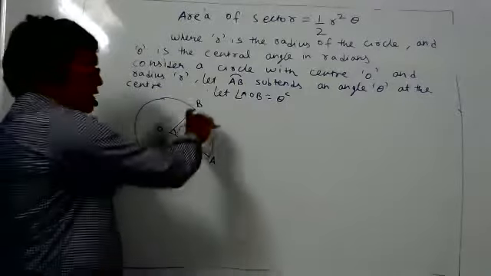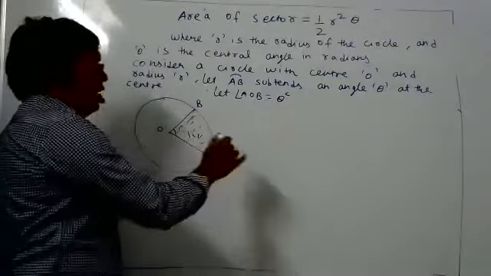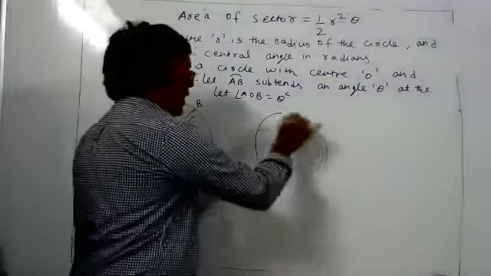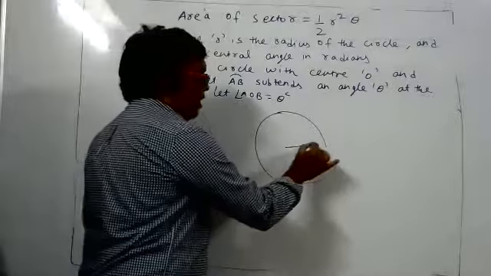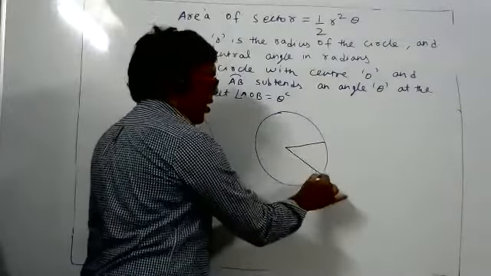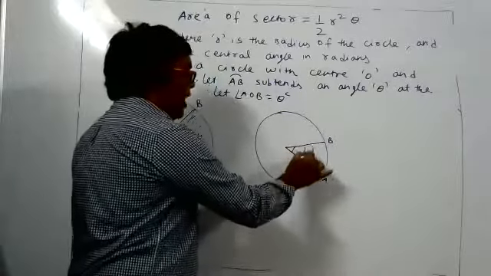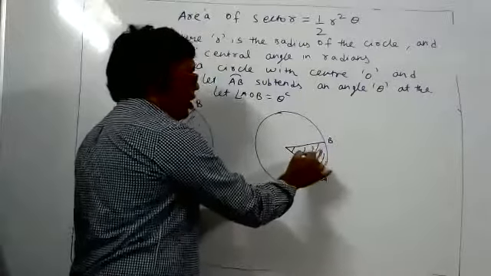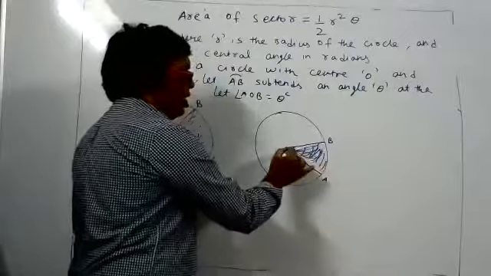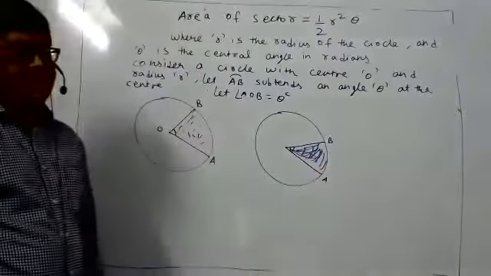And if this area of sector is small, suppose I draw a circle here and take a smaller arc AB, obviously the area of sector also will be less. So if area of sector is less, the central angle value also will be less. Do you agree or not?